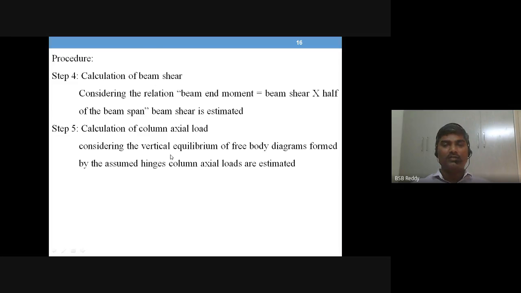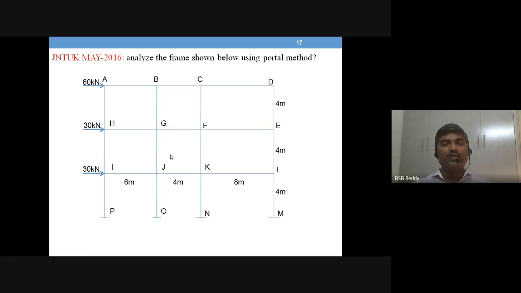Let us see now with an example how we will be able to solve this frame and find the internal forces in each member. For example, AB is a beam here, and you need bending moment and shear force in this one.